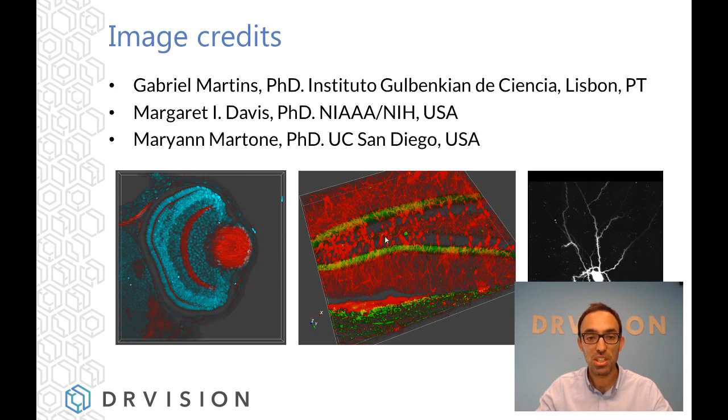The image in the center comes from Margaret Davis at NIH. And the image on the right comes from Professor Martone, who is currently at UC San Diego. So thank you very much for those images. They really help demonstrate the features that we have developed in 5.1.